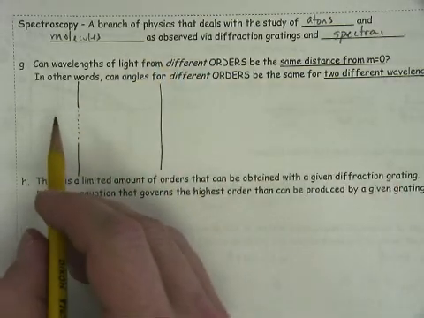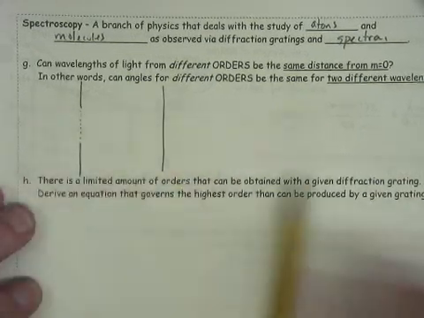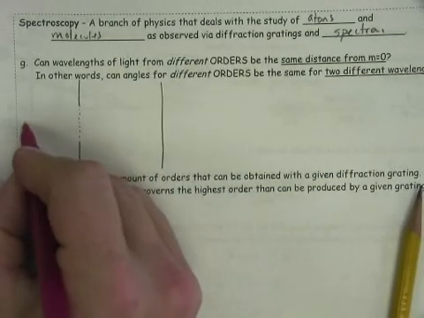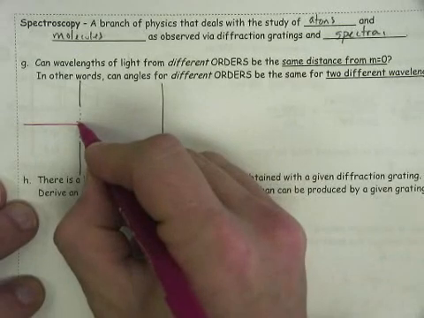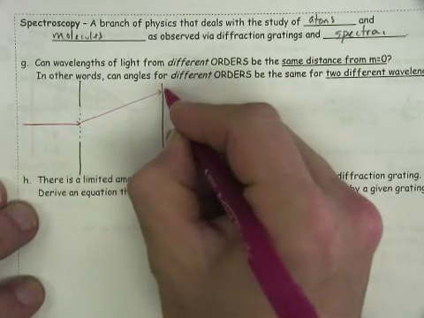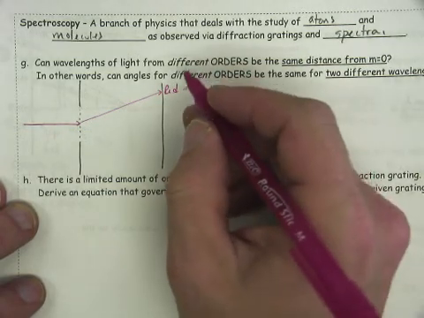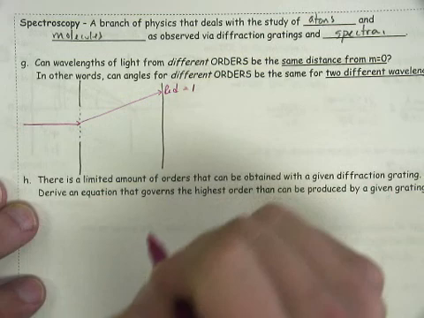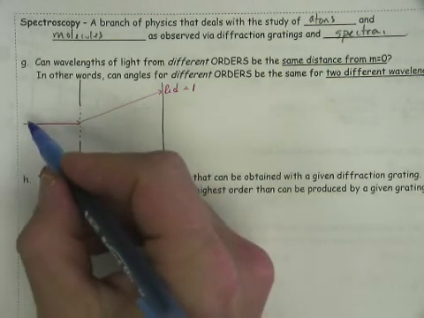And what I'm going to do is I'll use different colors here. Maybe this will make more sense. I'll send red light through, and red light's going to hit up here. And maybe this will be red light for, I don't know, order number 1. All right, now let's say I've got a blue pen.